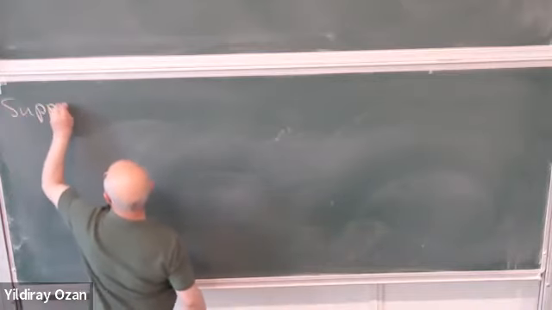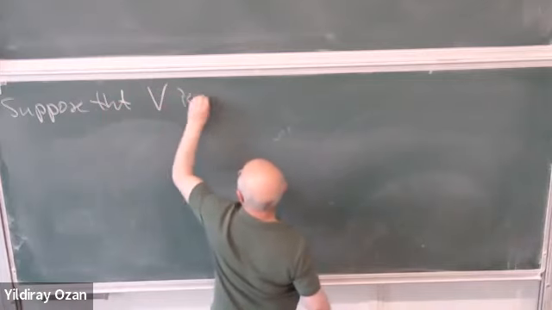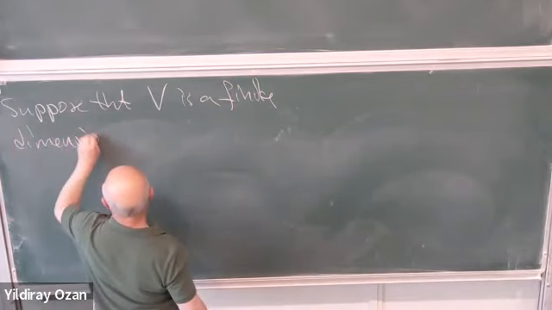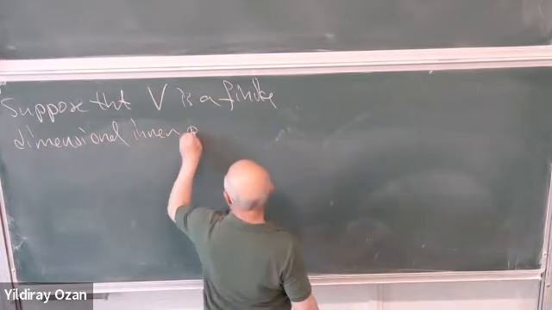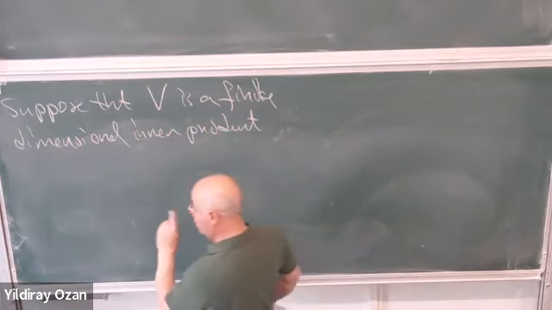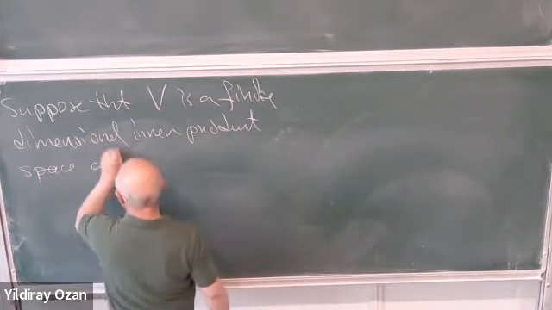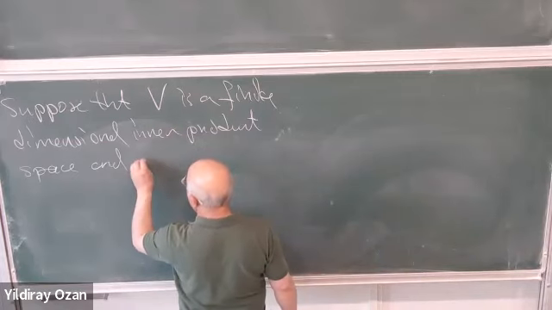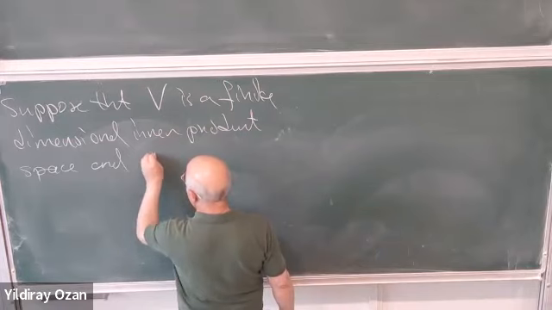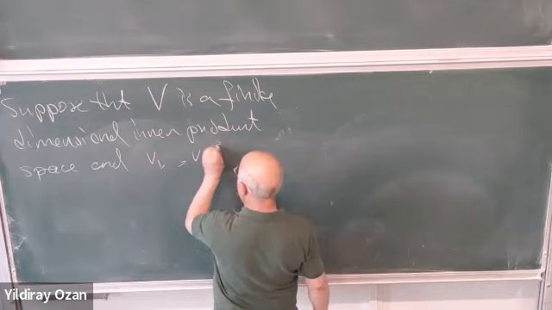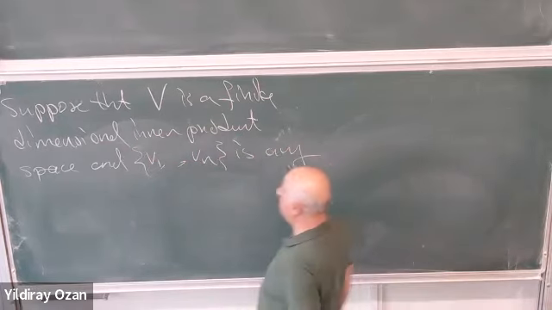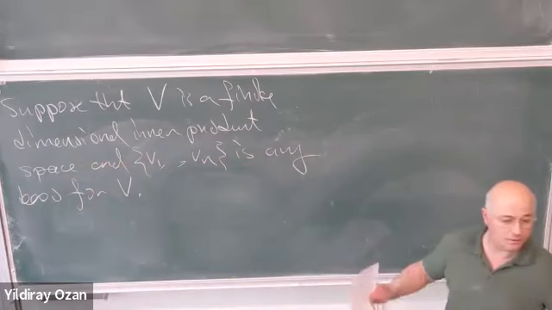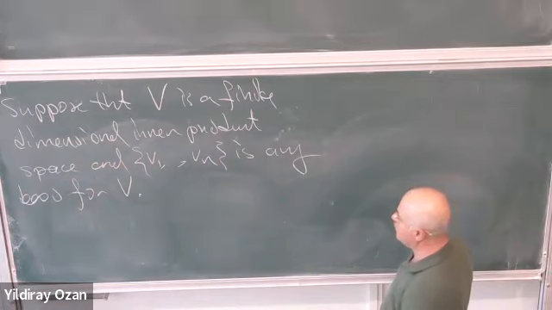Suppose that V is a finite dimensional inner product space, and v1 to vn is a basis for V. Not necessarily, you know, an orthonormal basis or anything, just any basis.